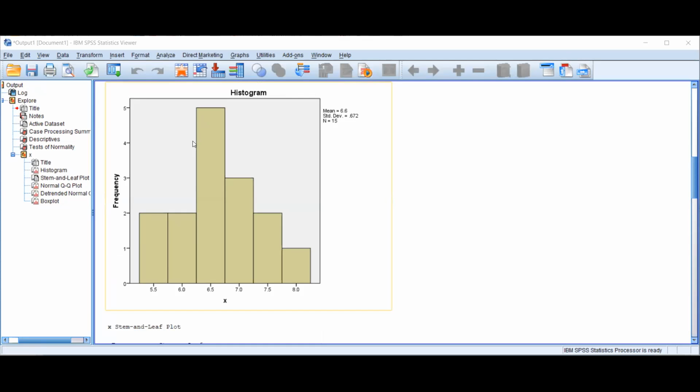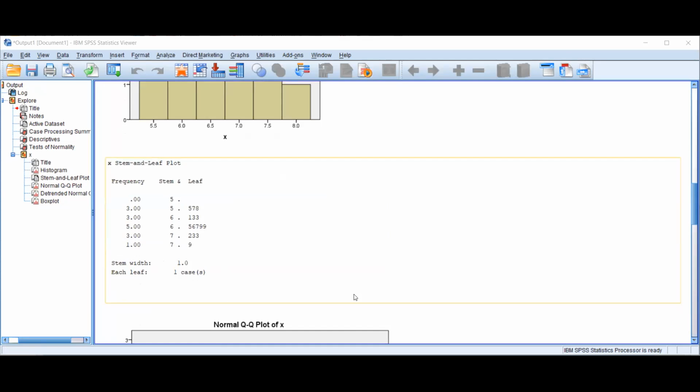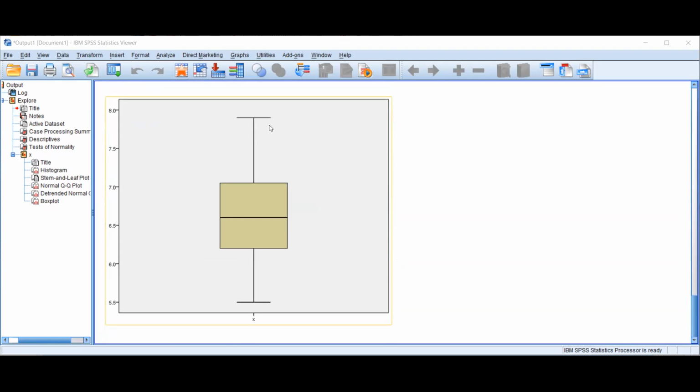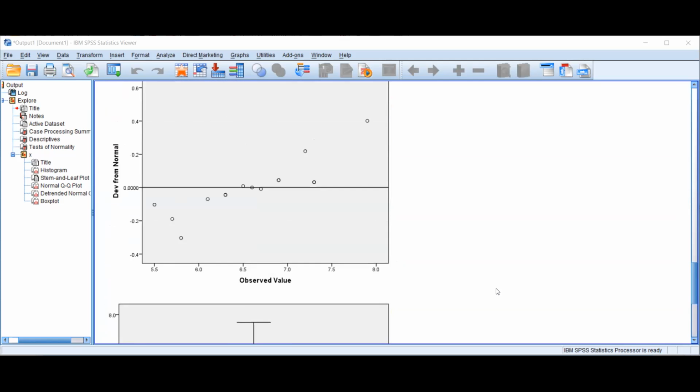The histogram is supporting my statement of approximately normally distributed. The stem and leaf plot is again supporting my statement because only one point is there. And the box plot is in the center. The box being in the center means we have a perception of normality.